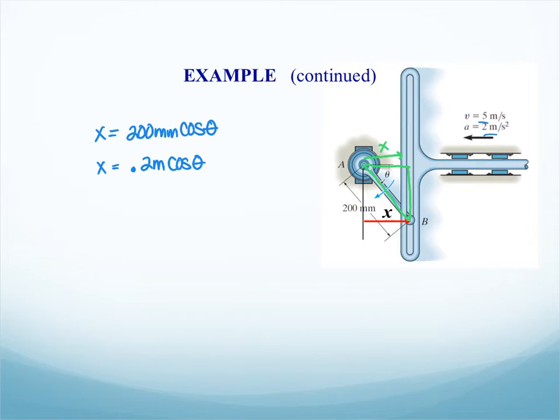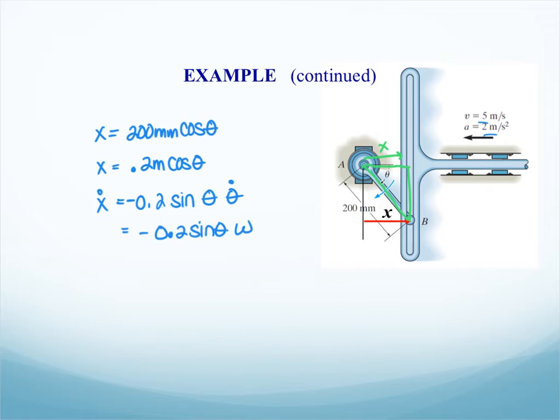Now we'll take the time derivative. x dot is equal to 0.2 minus, because we take the derivative of the cosine, we get minus the sine, times theta dot, because we're taking the derivative with respect to time, so we need to do the chain rule. Also, we could write theta dot as omega.